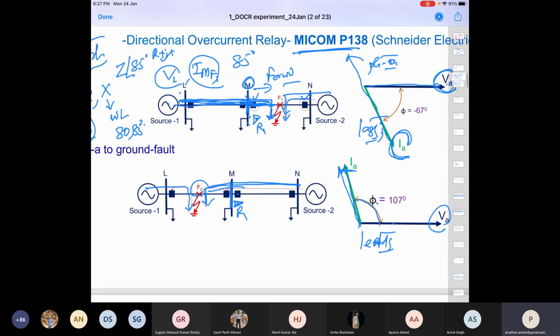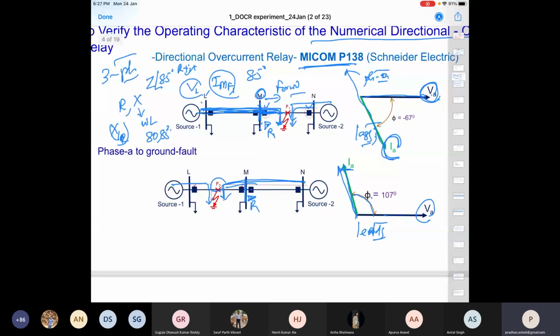So what you conclude from this is that for this F1 fault and this F2 fault, for the relay R1, this is a forward fault and this is a reverse fault.